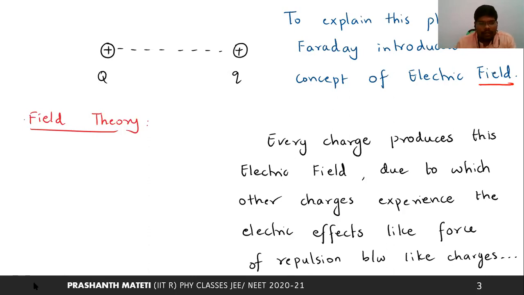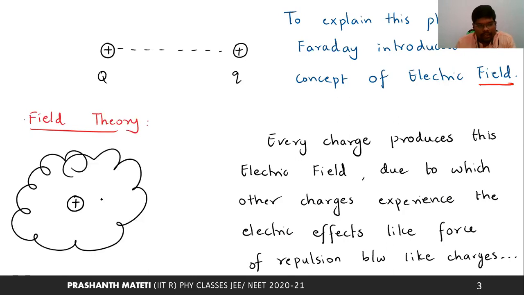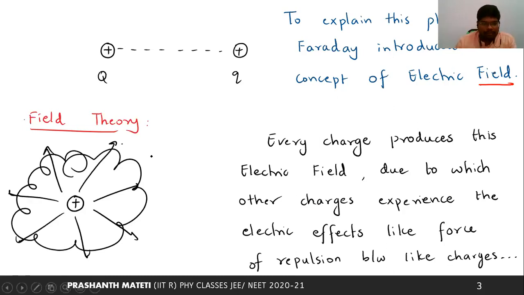Whenever you take a charge, the theory says that every charge will produce an electric field in the region surrounding it. Because of this electric field, there will be forces acting on the other charges. That's what the field theory is.